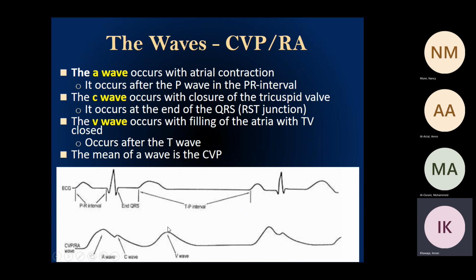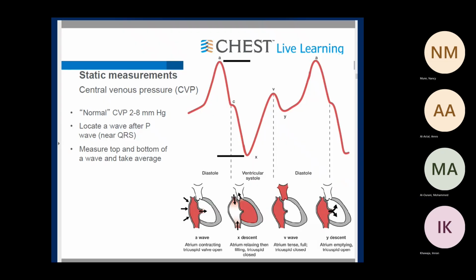So that's the normal on the right side, and on the left side it will have a different appearance that I'll show you on the wedge. But that's for the CVP. So A wave after PR, C wave at R, then V wave after the T wave on the EKG.